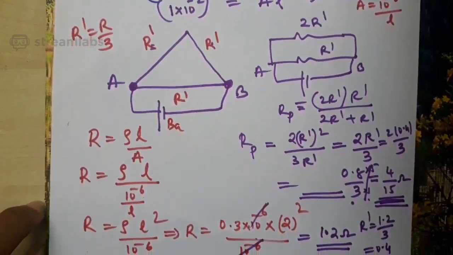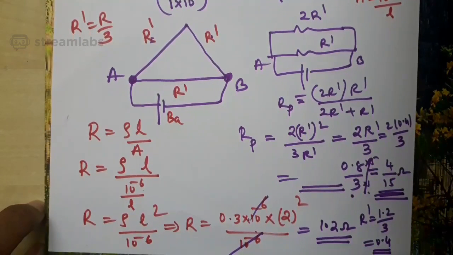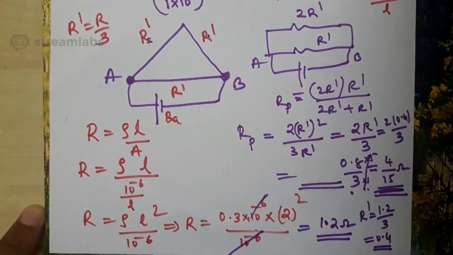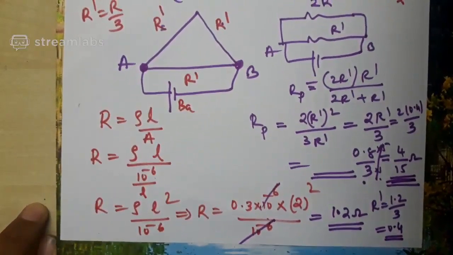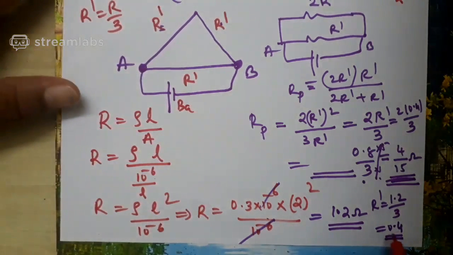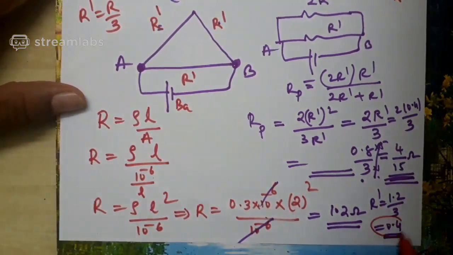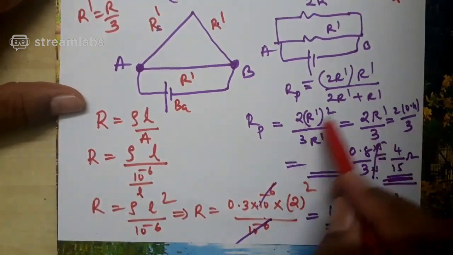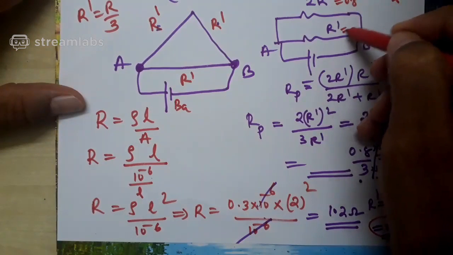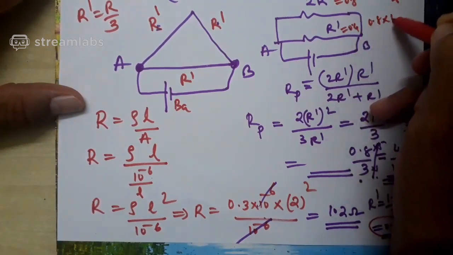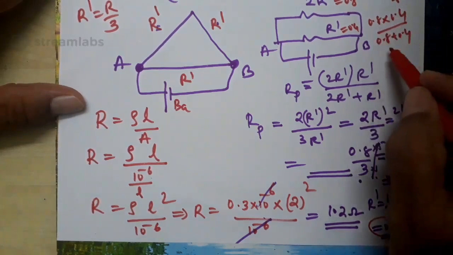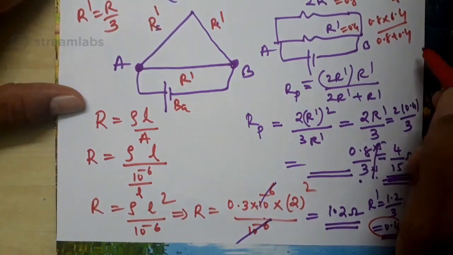Or you can directly calculate once you get R dash, directly you can go for this. This is 0.8, this is 0.4. So 0.8 into 0.4 by 0.8 plus 0.4. That is also fine.